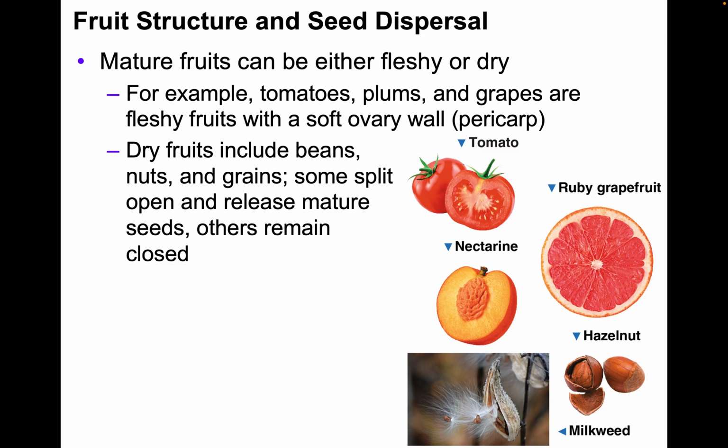They will stay brown because there's no reason to attract animals to come eat them. And they will stay dry and tough until the seed inside is ready to be released. Usually. There are types that don't like to release them and rely on other methods to get that seed out. But many of them will open up and release.